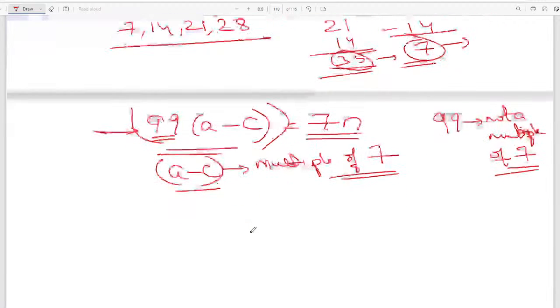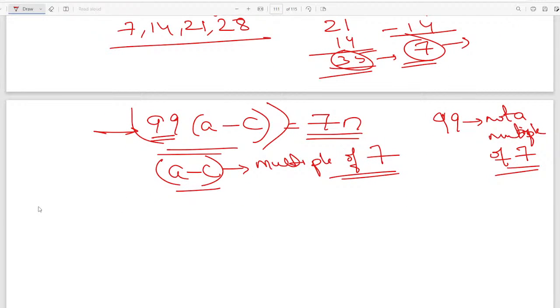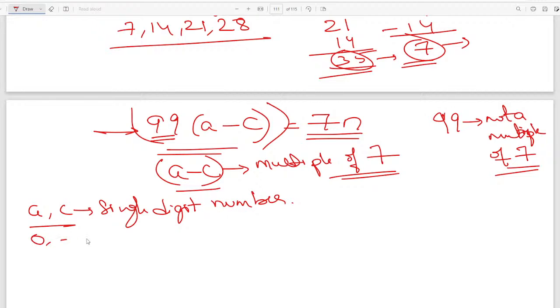And A and C are single digit numbers, so these numbers can be from 0 to 9. A and C are only between 0 to 9, and the difference should be a multiple of 7.